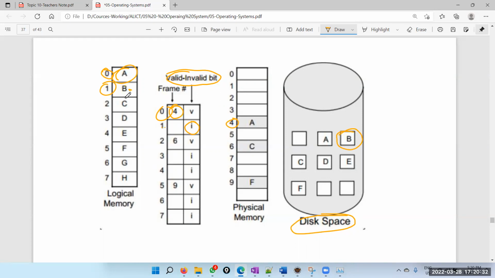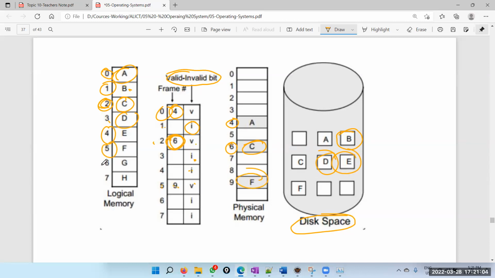Page number 2 says it's in the 6th frame and it's valid. Yes, it's in the 6th frame and it is valid. 3 says invalid, so D must be somewhere here. 4 says invalid, so E must be somewhere here. 5 says valid and it is in the 9th frame.